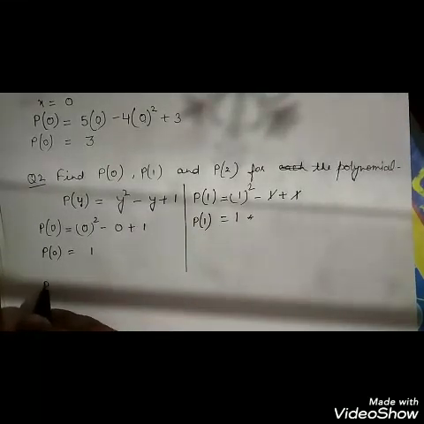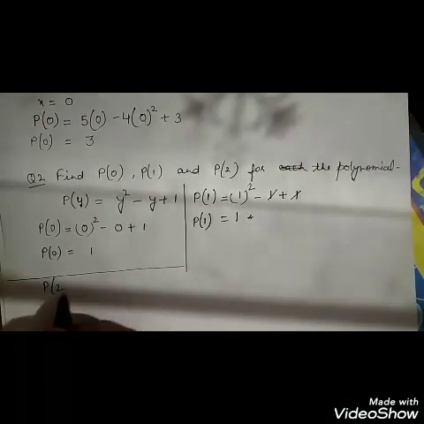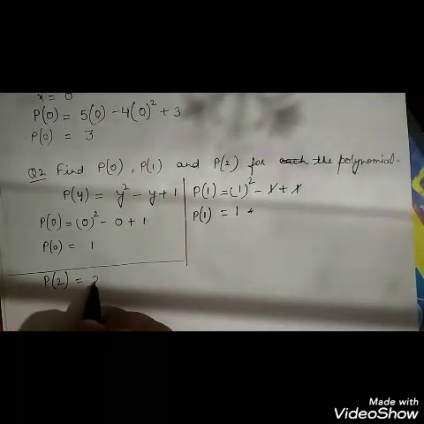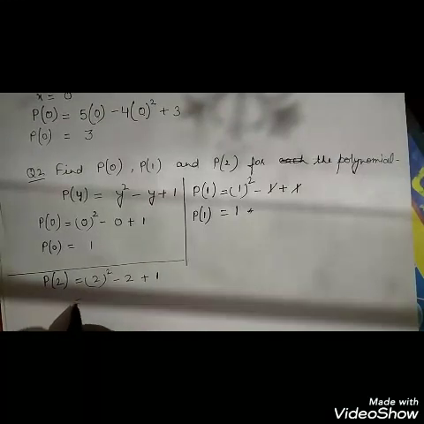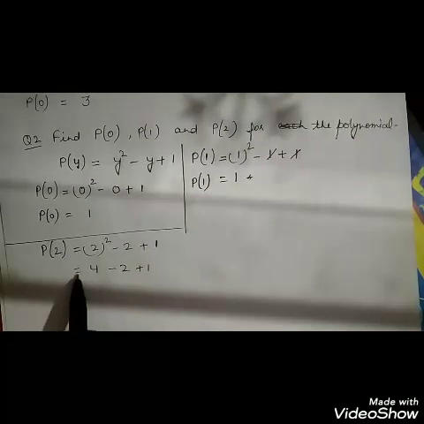Now p(2). 2² - 2 + 1. 2² is 4, minus 2 plus 1.